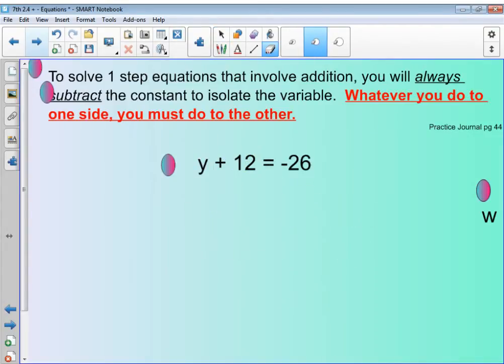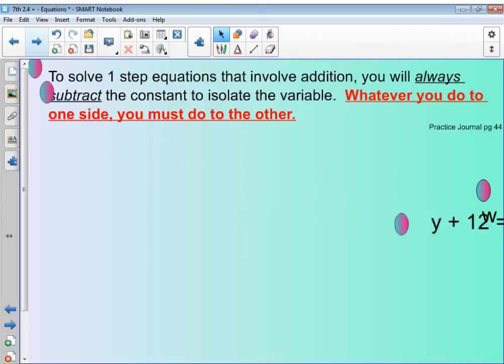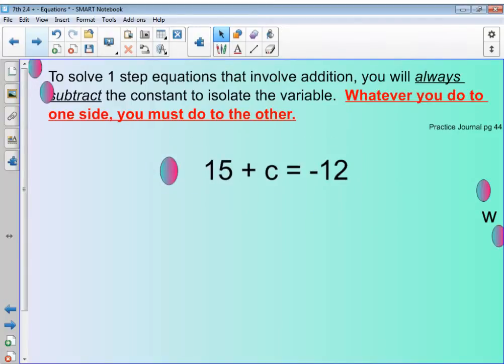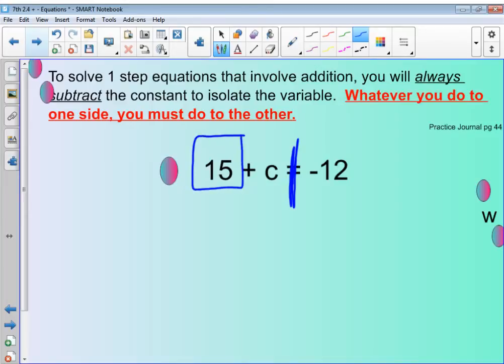All right, I want you to try this next one. Here the C is in the second position, so it doesn't matter. You're still going to work to get rid of this 15. Think of it as a positive 15. Work your way through getting rid of that. If it's a positive 15, then we're going to say a negative 15. It's not always going to be the opposite of this symbol.